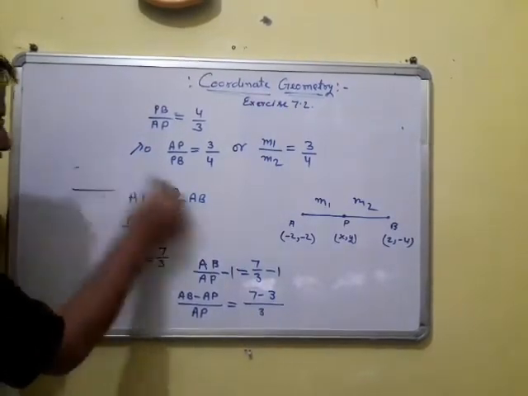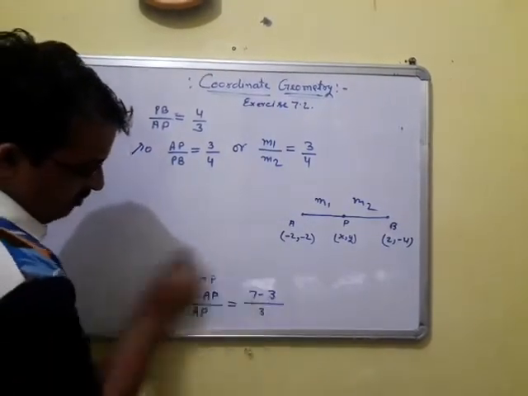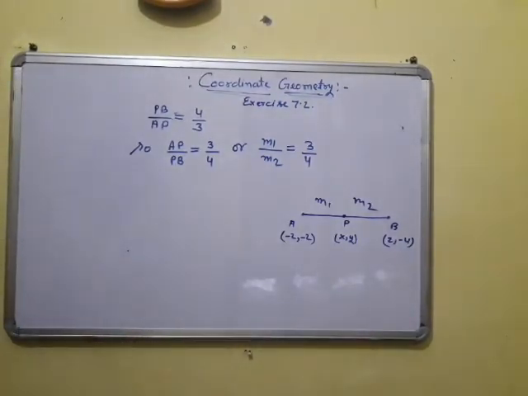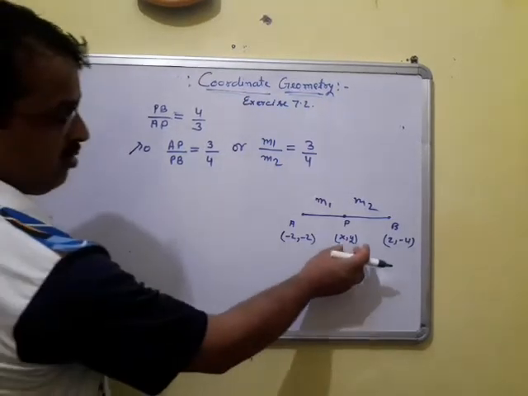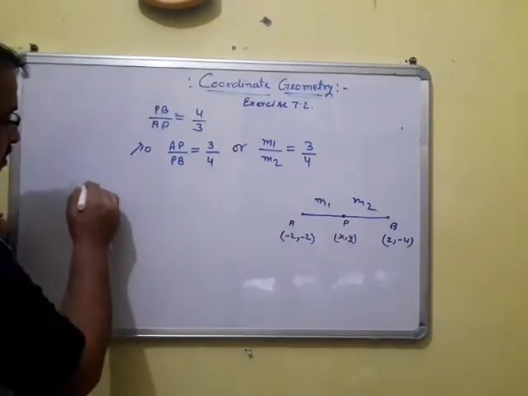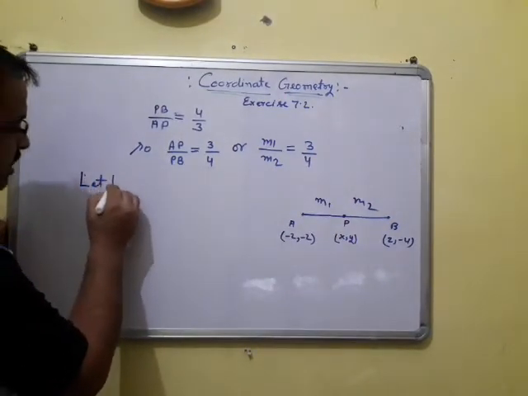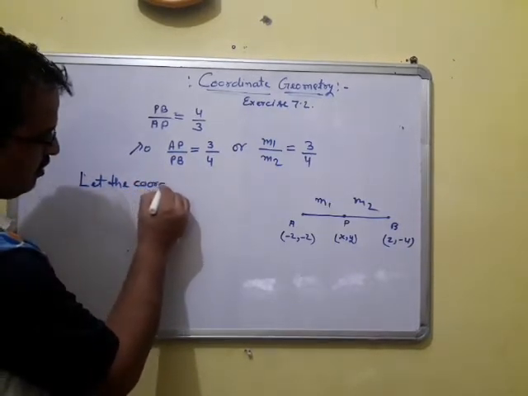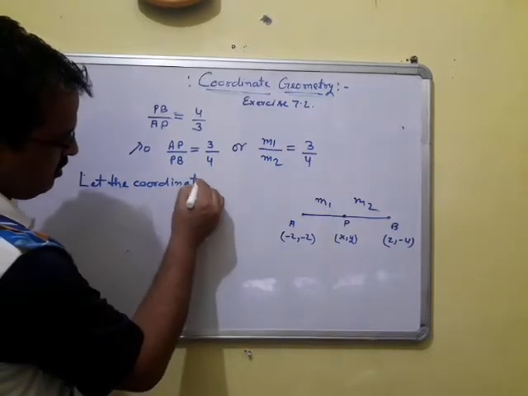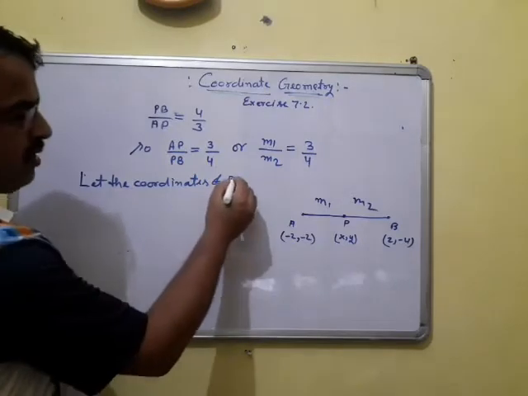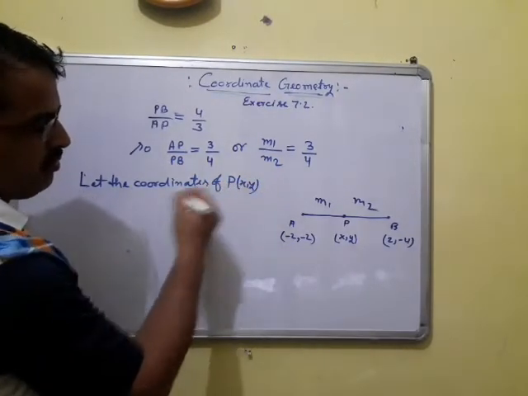Now let's see further. Let the coordinates of P, what did we assume for the coordinates of P? We got the ratio 3/4, so let the coordinates of P here be x, y.